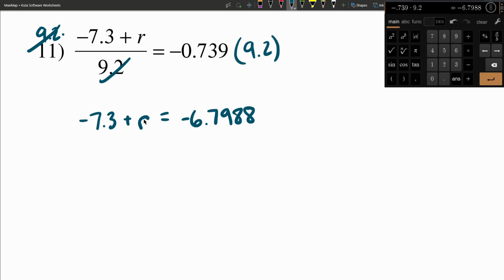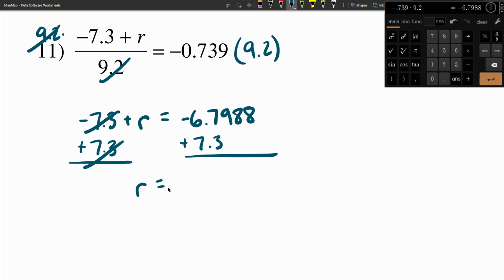Our last step, remember, we're isolating that r, solving this equation, so we're going to add a positive 7.3 to both sides. So we'll get that r is equal to negative 6.7988 plus 7.3, which is 0.5012. That's our solution for number 11.